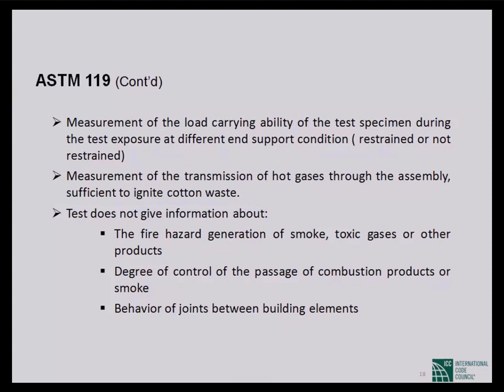When you do the hose stream test, you have to load the member, and you have to measure the transmission of the hot gas of the assemblies, and this test gives you the information of the fire hazard, generation of smoke, toxic gas, other products, degree of control of masses of combustion product of smoke, and behavior of the joints between the building elements.